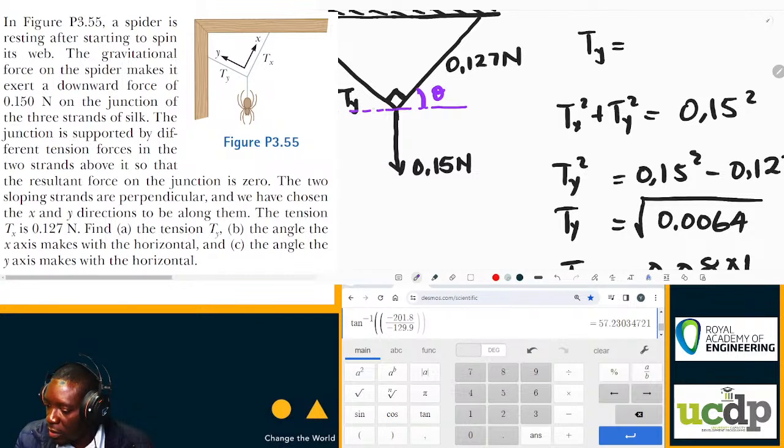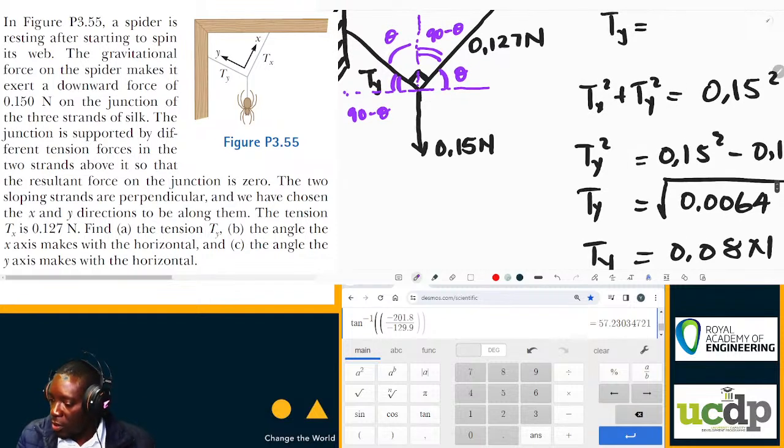Theta, and that makes this angle 90 minus theta. So this will be the same angle, 90 minus theta, making this angle theta.